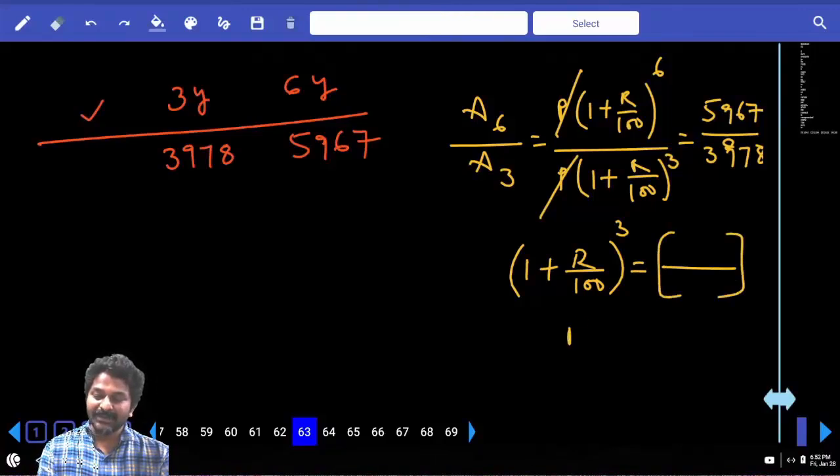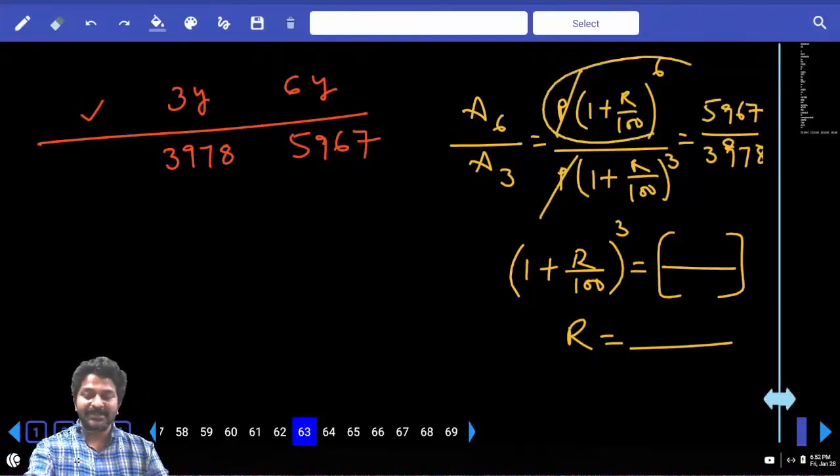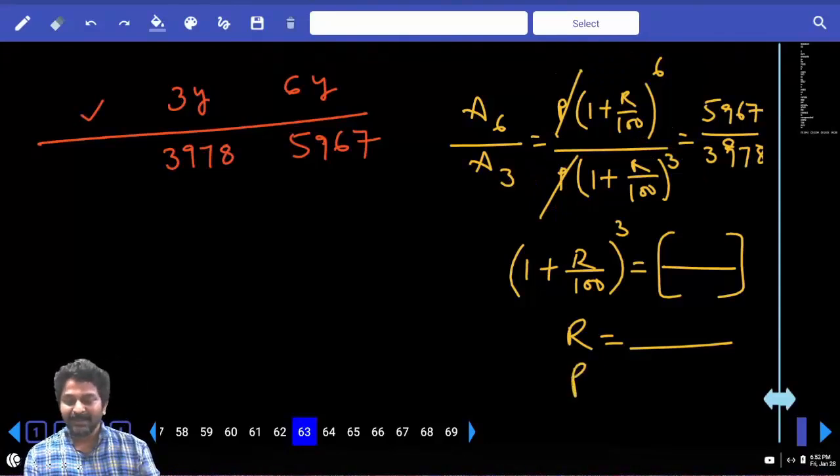Using this you need to calculate the r value first, and then substitute this r value in the first equation, in the numerator or in the denominator, to get the P value. This is the procedure.